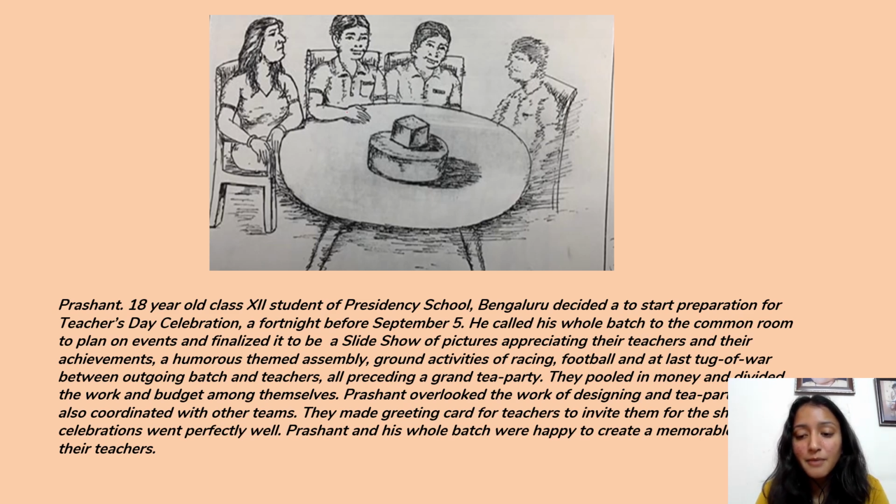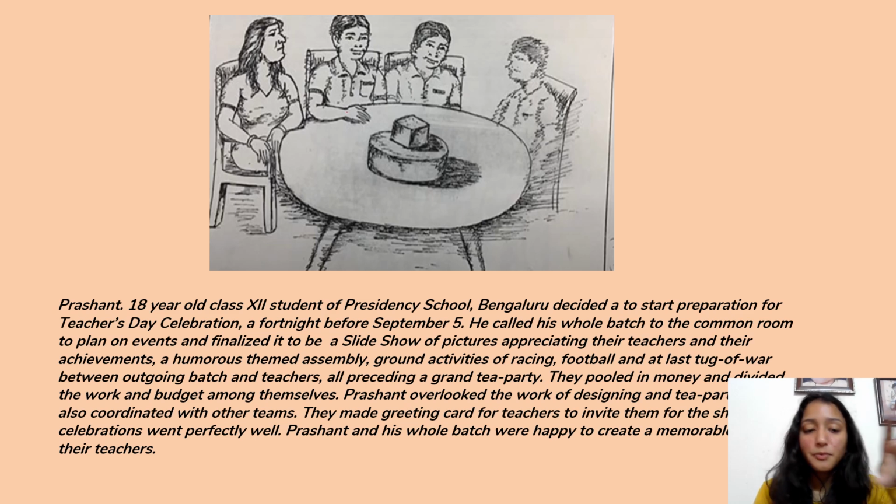They pooled in money and divided the work and budget among themselves. Prashant overlooked the work of designing the tea party and also coordinated with other teams on their work. They made greeting cards for teachers to invite them for the show and the preparations, and the celebrations went perfectly well. Prashant and his whole batch were happy to create a memorable experience for their teachers.